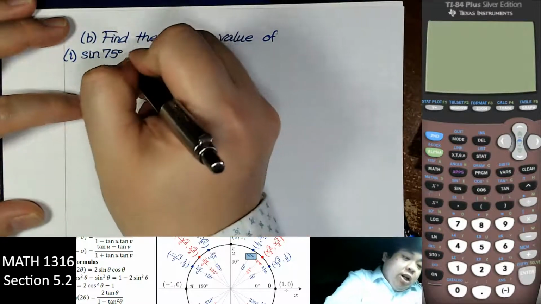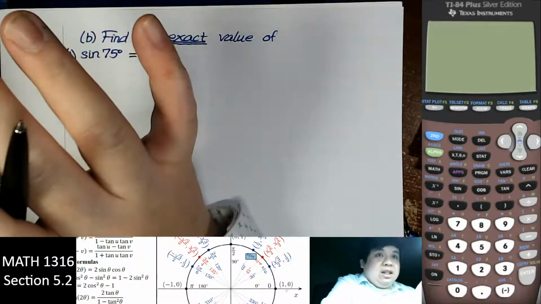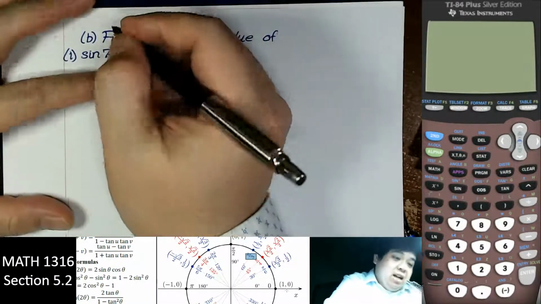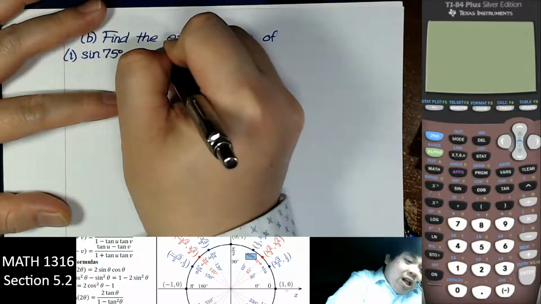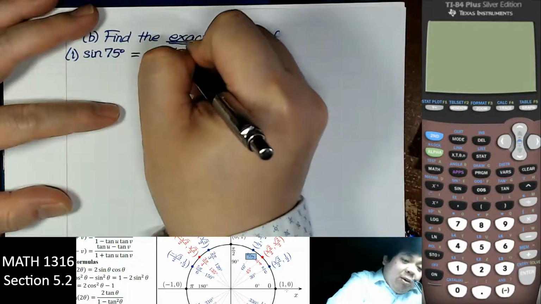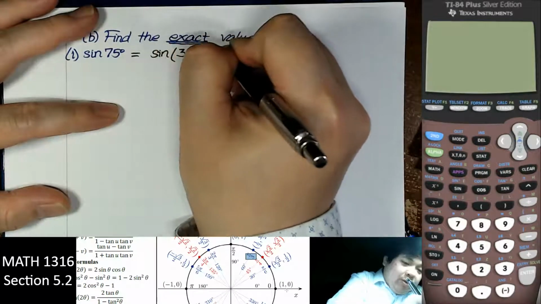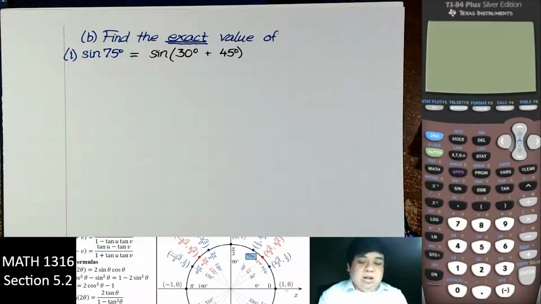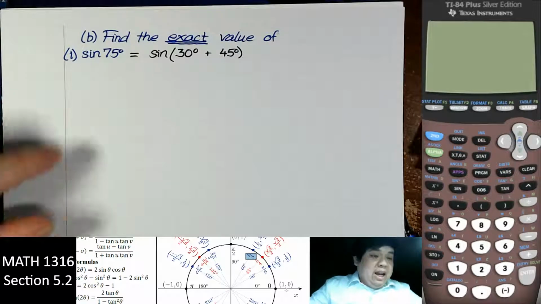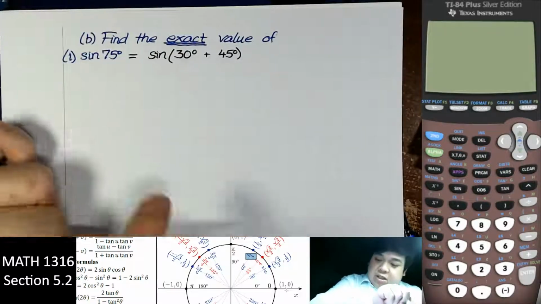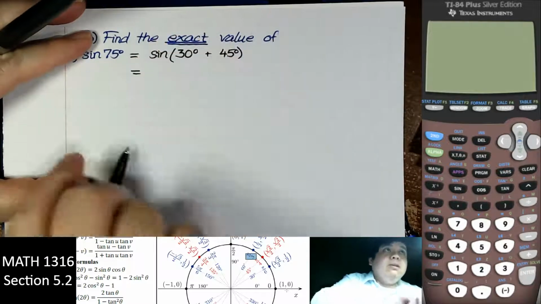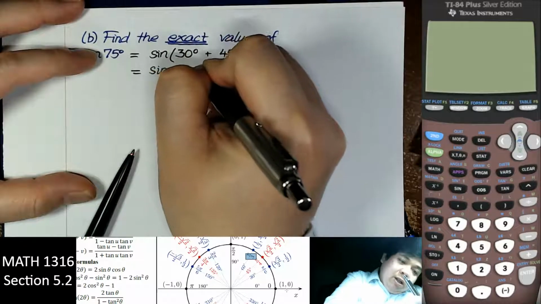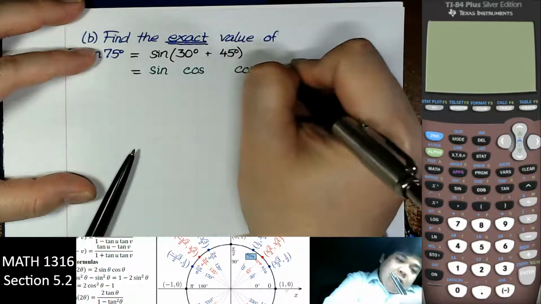However, here what we can do, we can split the 75 in any combination of 30 and 45 or 60, and the first one that comes to mind is 30 plus 45. Because 30 plus 45 is 75, and then we use the sine of a sum: sine, cosine, and cosine, sine.